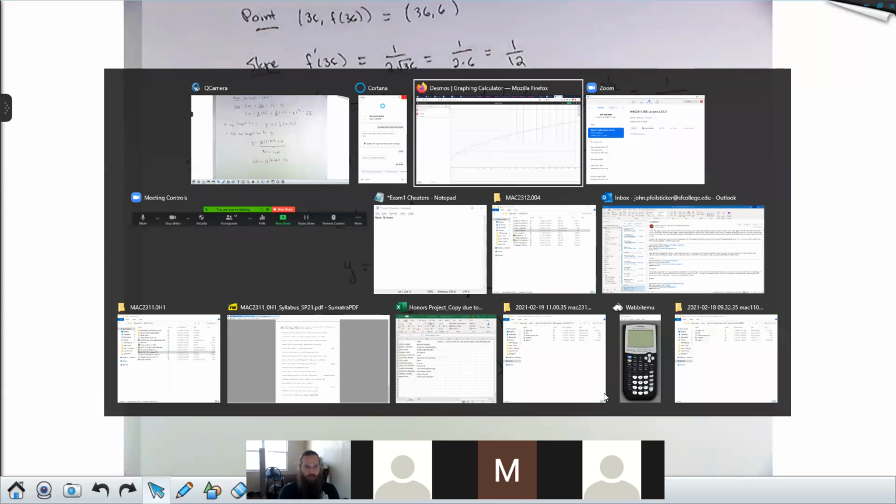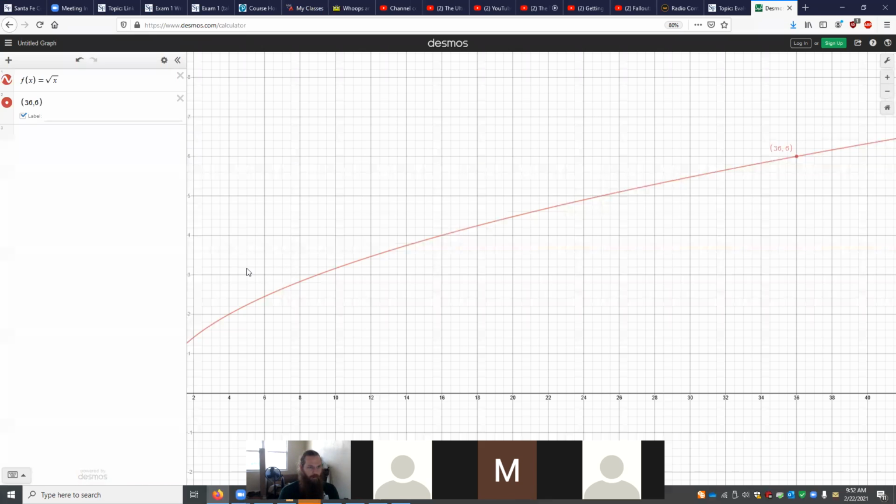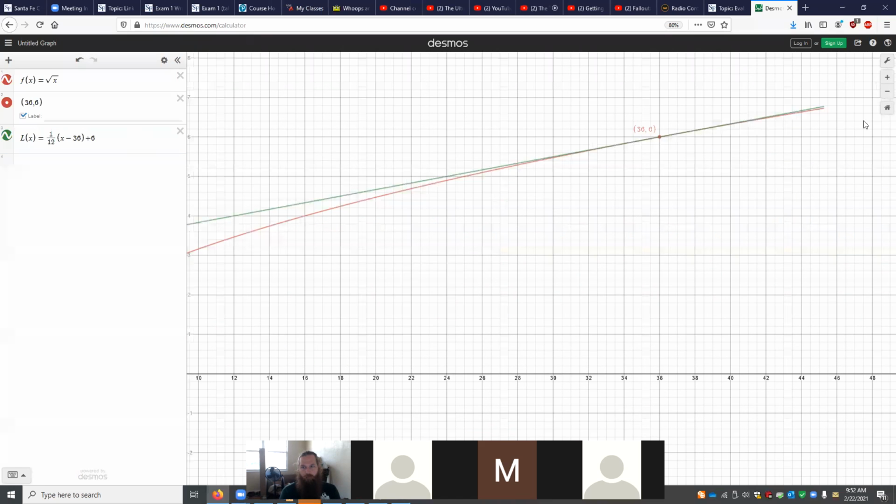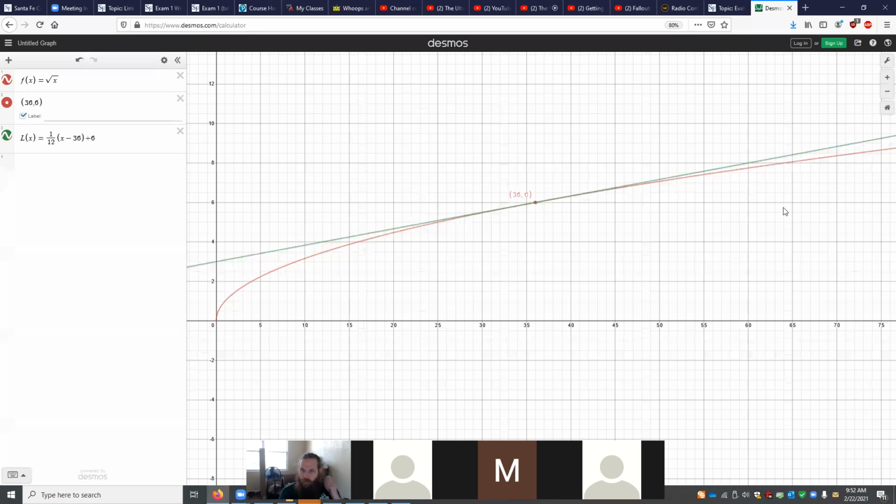So just so you can see the picture. Here it is. And you see that as long as I keep my x value close to 36, the green and the red are very, very close to each other, right? Not so shabby.